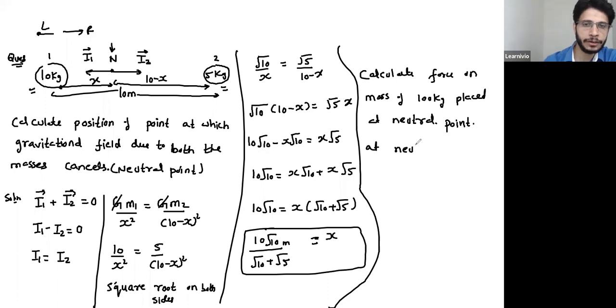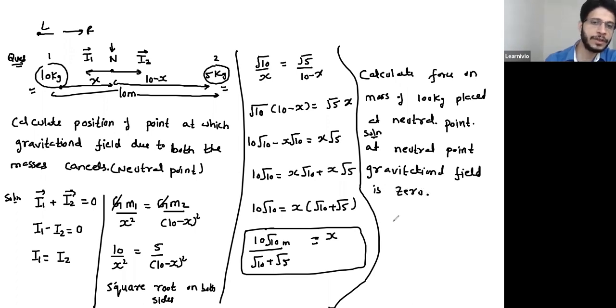At the neutral point, gravitational field is zero. If gravitational field is zero, then you can write your force as mass into field.